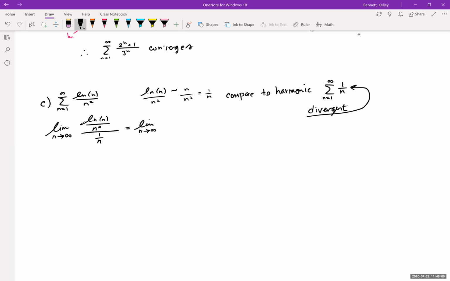So this will cancel to be ln of n over n. And you can use L'Hopital, you'll see the limit is 0.